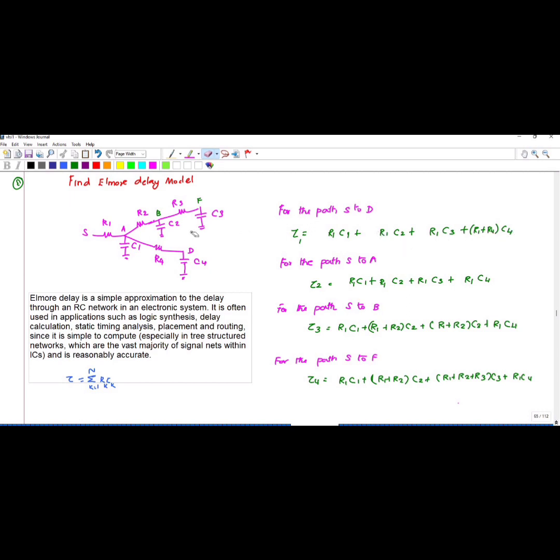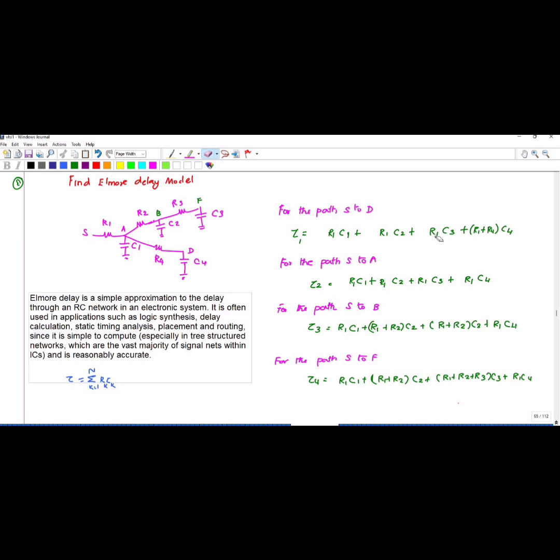For C2, since this is not the path, you have to write the resistance value of R1. Since it is going in this direction, up to this point you have to write the resistance value. So this is R1 and this is also R1.